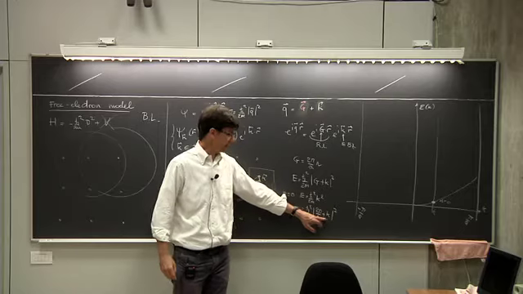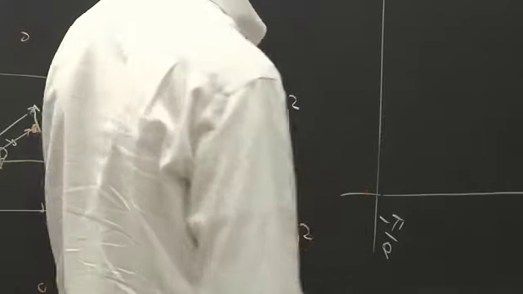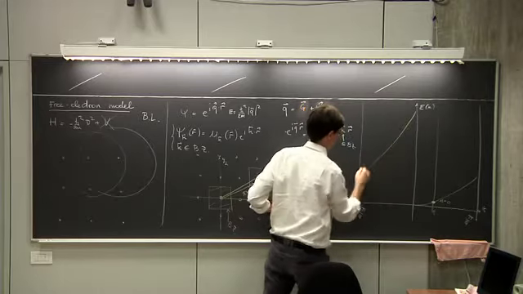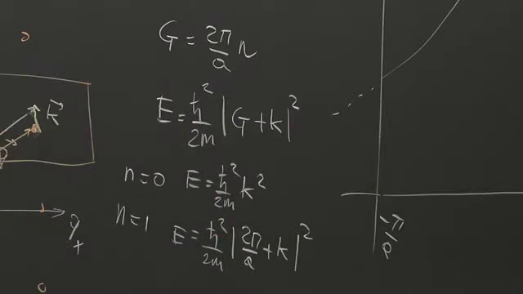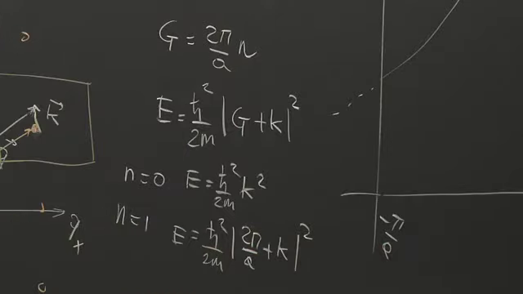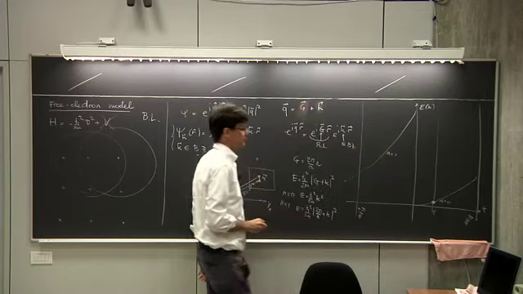So this is a parabola centered at minus 2π/a. So it's centered somewhere here. Parabola. Again, I'm not interested in what happens outside the Brillouin zone, because we've already made this argument, right? Whatever happens outside the Brillouin zone, there will be somewhere else in the Brillouin zone. So I don't need to care about solutions outside the Brillouin zone. So this is the n equals 1 solution.